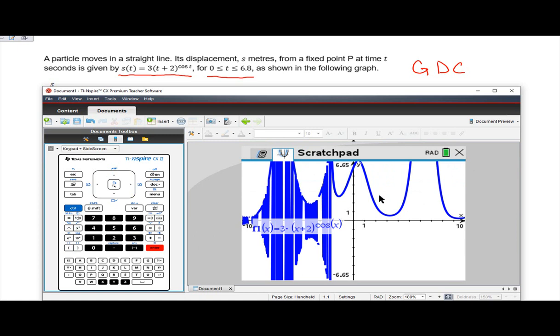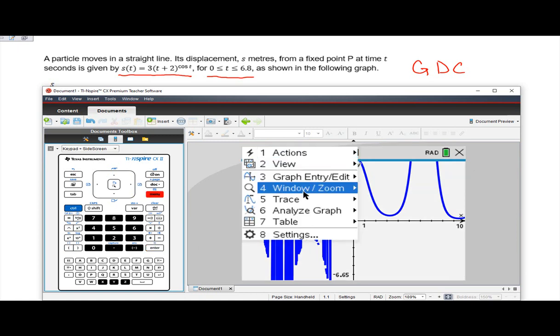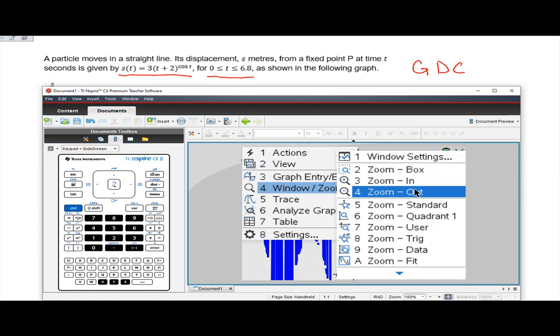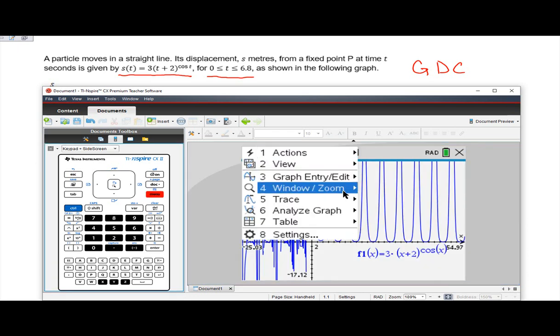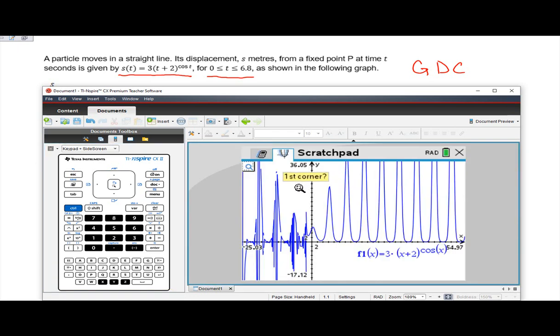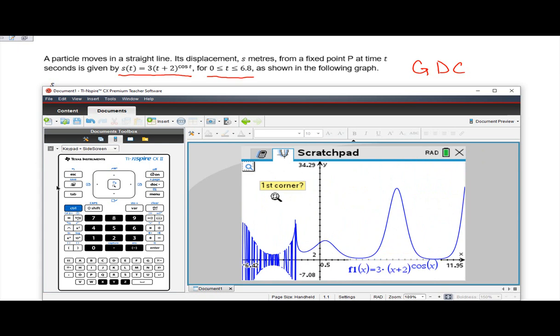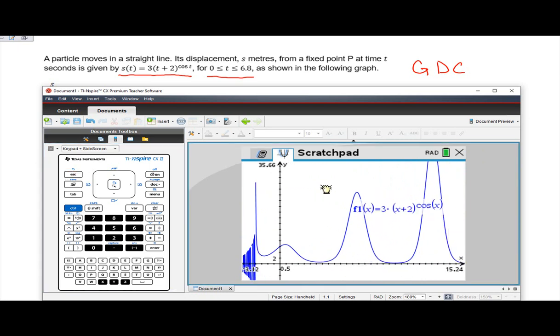Make sure you learn how to play with your zoom a little bit. Let's get this looking appropriate, so I would go to the zoom box afterwards. We want to get it to look similar to what they give us in the problem. So here's our function.